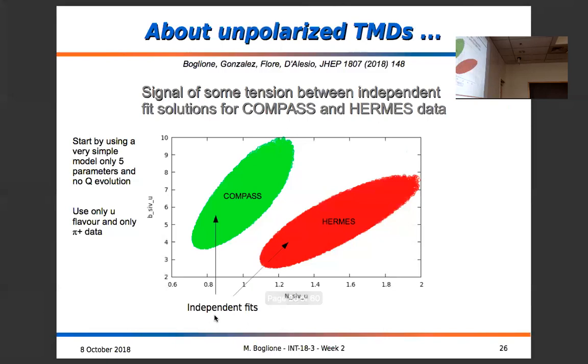So we made a very simple test, and we fitted HERMES and COMPASS data on the Sivers asymmetry separately, with a very small number of parameters. This is a very crude fit, only taking pi+ data. But if you make independent fits, you see that the two experiments populate two different regions in the parameter space. This suggests that the free parameters that you use for the model are different in the two cases.